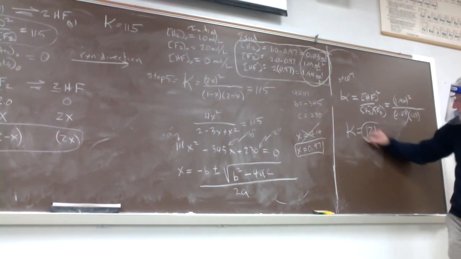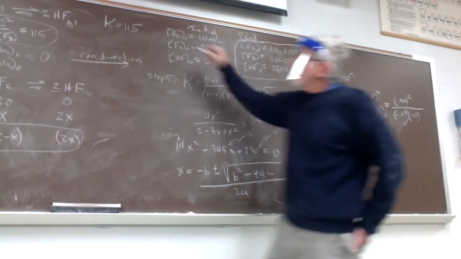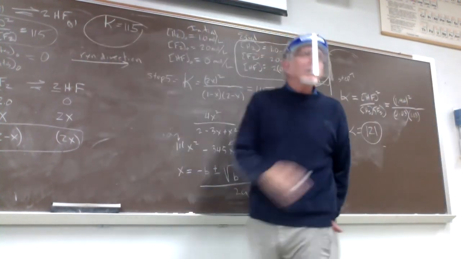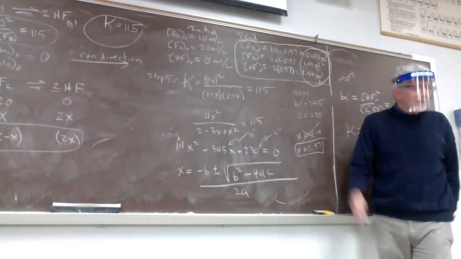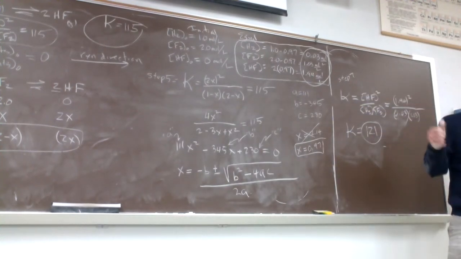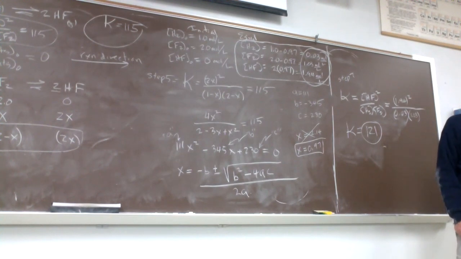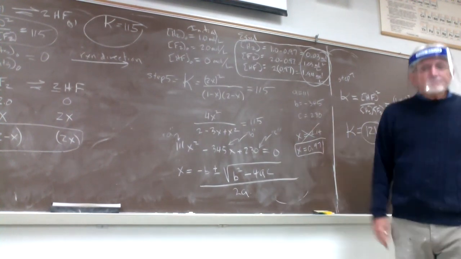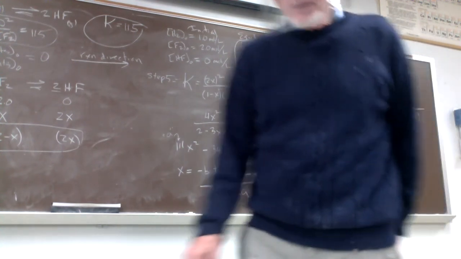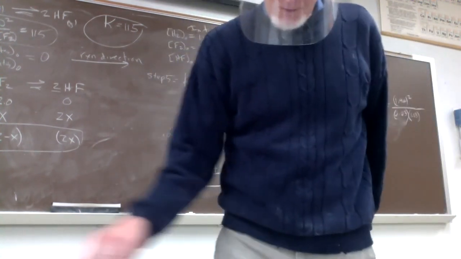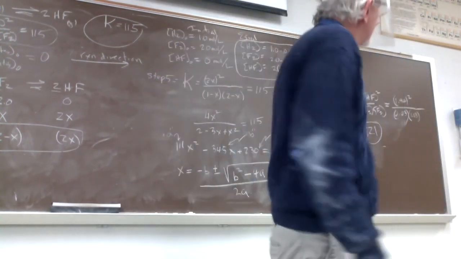If you're anywhere near what the known equilibrium constant is, within, let's say, 5 or 10% of the true value, you can assume you've done everything correctly. And any differences are probably due to rounding, significant digits and things like that. Okay.